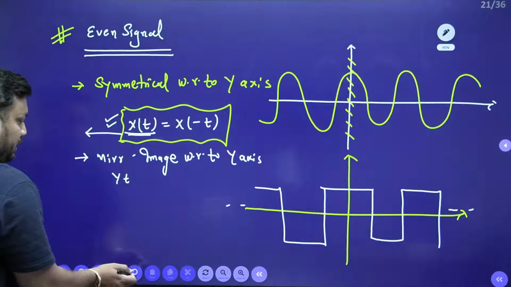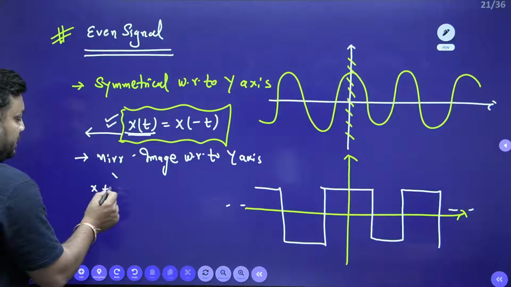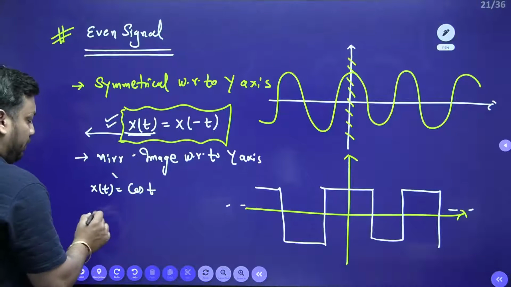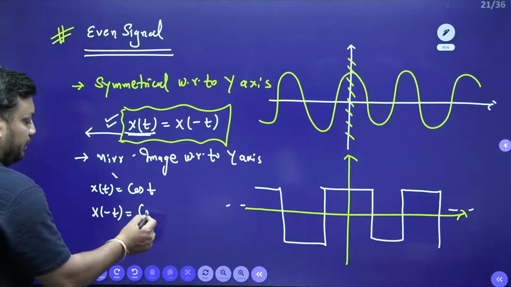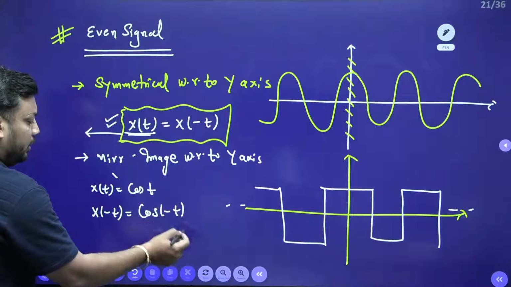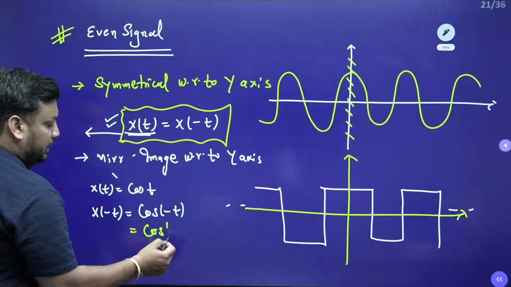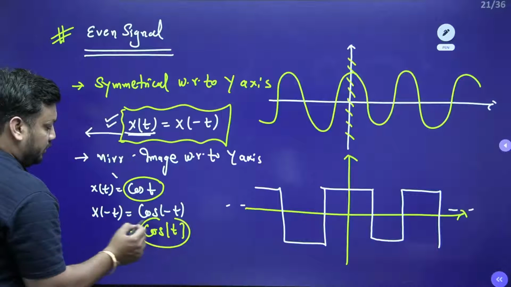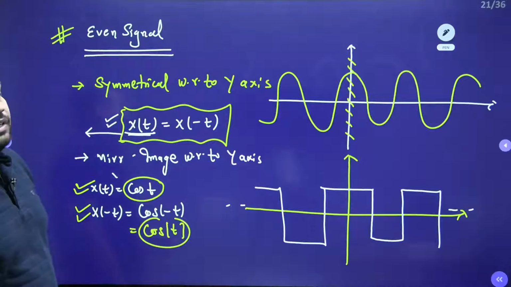If x of t is equal to cos of t, then if I put x of minus t, it becomes cos of minus t. And cos of minus t is nothing but cos t only. So this cos t and this cos t are equal. It means x of t and x of minus t are equal. It means the cos function is an even signal.